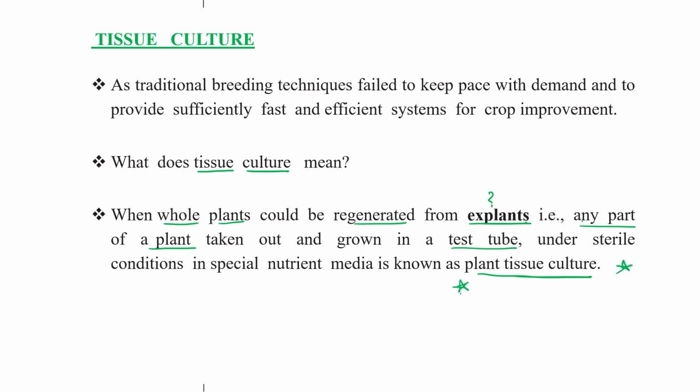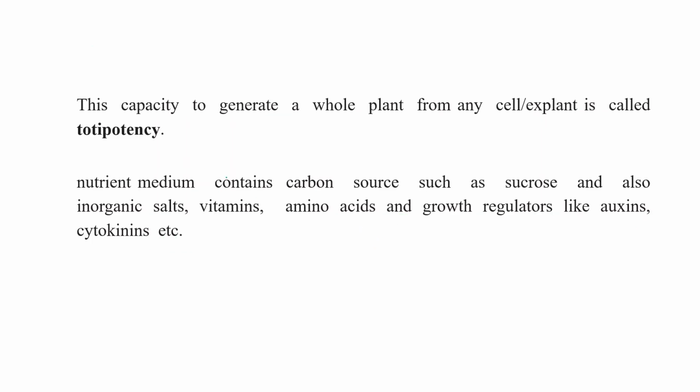Okay, so what is tissue culture? Development of whole plant from an explant. What is explant? Any part of the plant taken out and grown in a test tube under sterile condition in a special nutrient media.